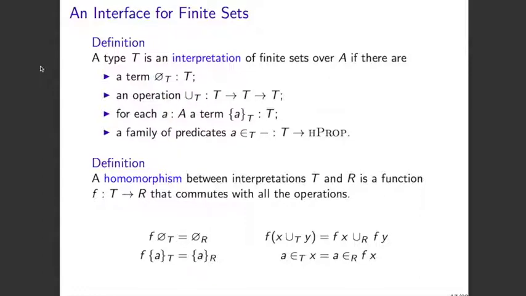Then a homomorphism between two interpretations is just a function that commutes with all the operations here. Note that the signature here is not algebraic because of this family of predicates that we require.